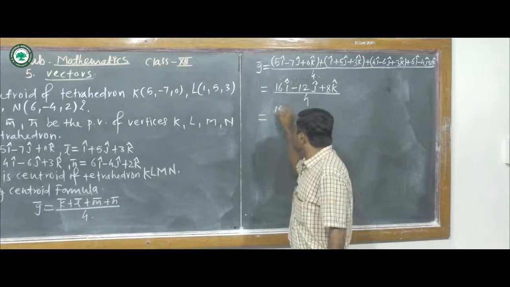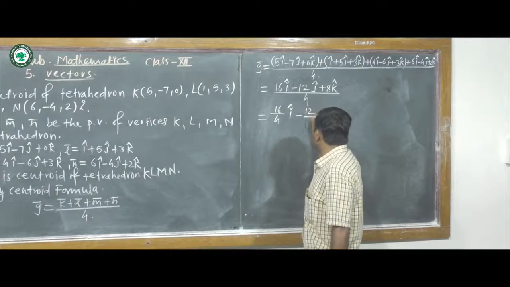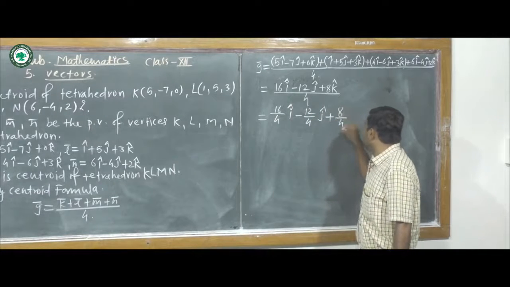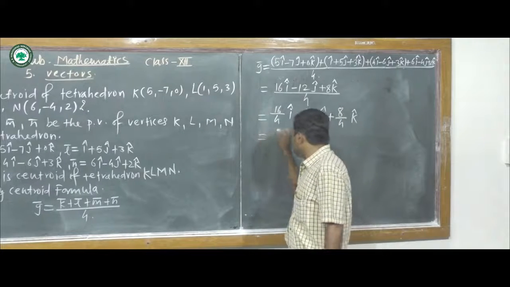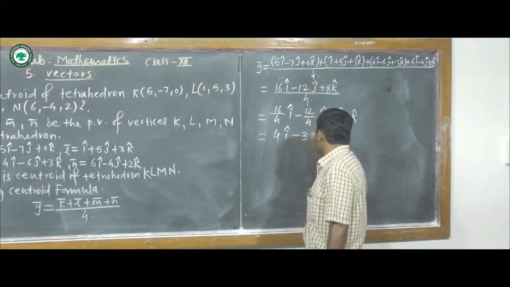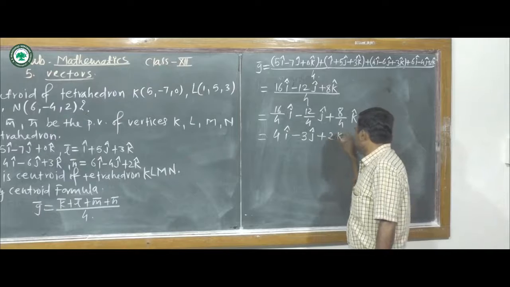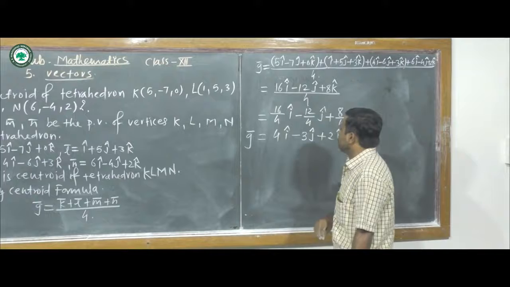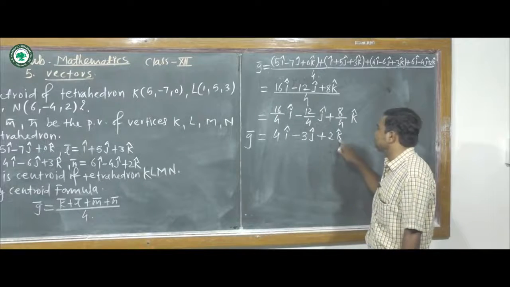Again it is equal to 16 divided by 4 into i cap minus 12 divided by 4 into j cap plus 8 divided by 4 into k cap. So 4 4s are 16, so 4i cap, 4 3s are 12, minus 3j cap, and 4 2s are 8, so 2k cap. So this is your z bar. So z bar is equal to 4i cap minus 3j cap plus 2k cap.